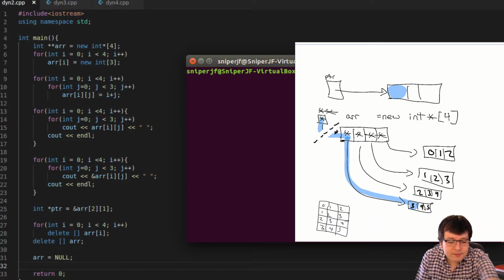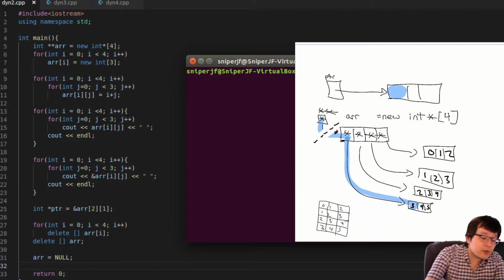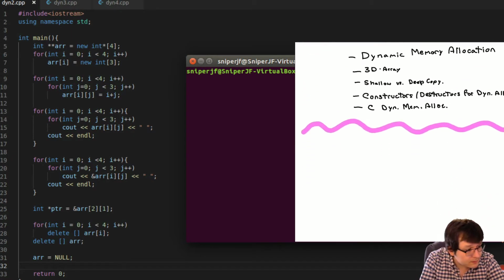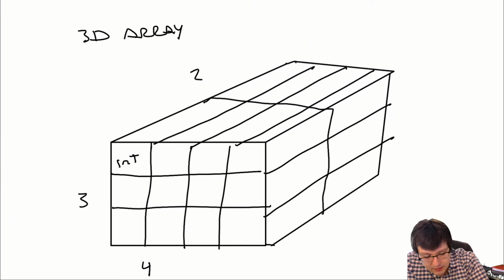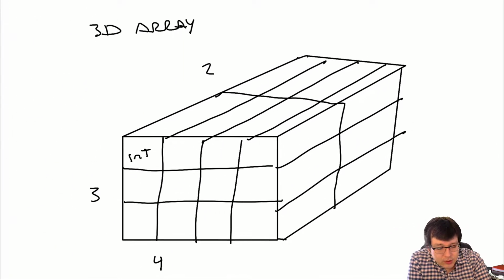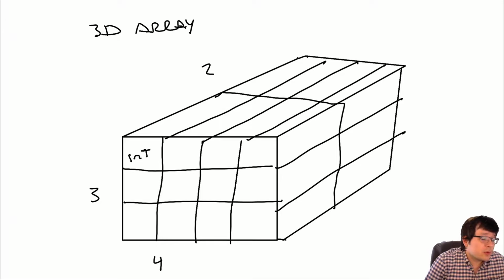So let's expand this concept into a three-dimensional array. I'll switch to the iPad first because otherwise it's going to be really tiny. I conveniently have this figure open. This is what a 3D array would look like if you were trying to visualize it.